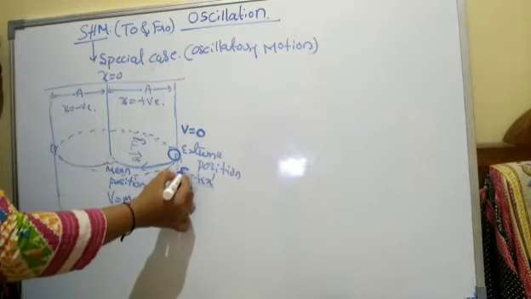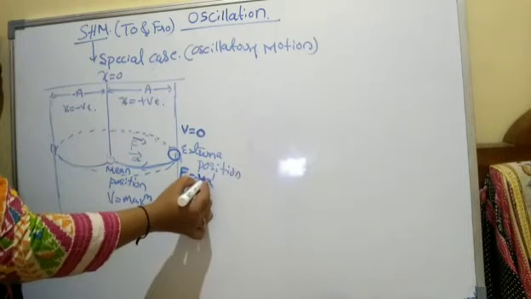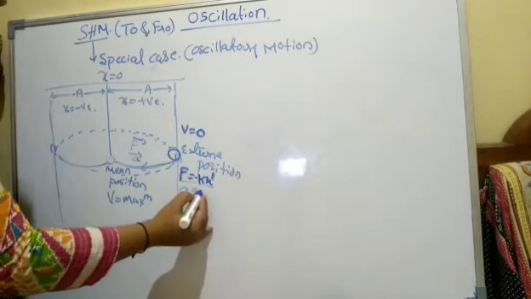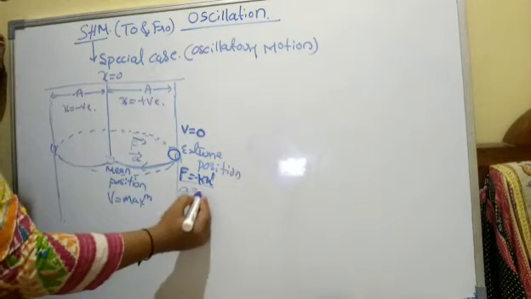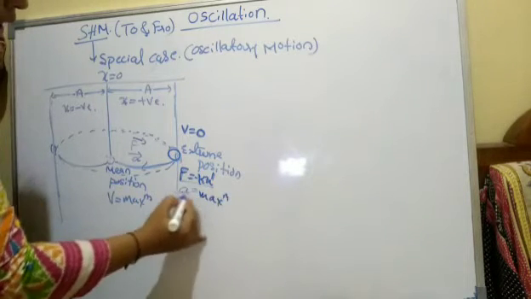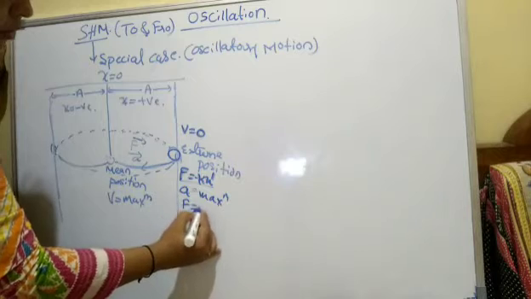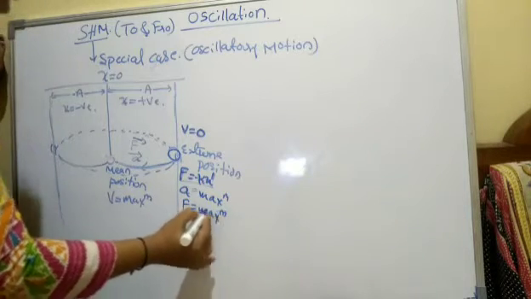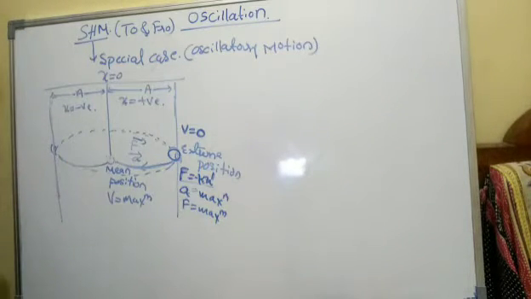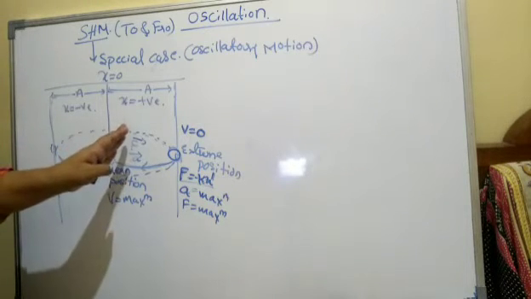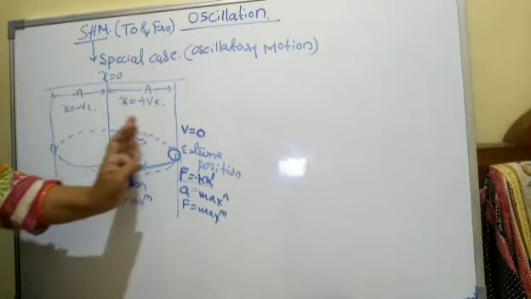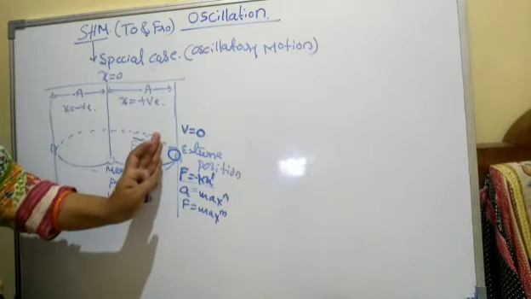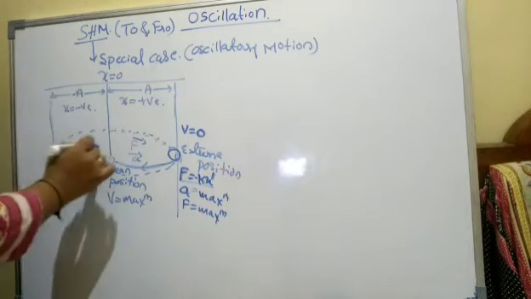As we know, F is equal to minus kx raised to n. Acceleration is a maximum here, as force is also maximum at the extreme position. So we are going to understand what is the equation of the particle when displacement takes place in the positive direction from the mean position.